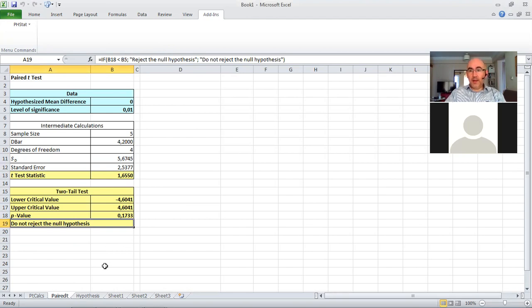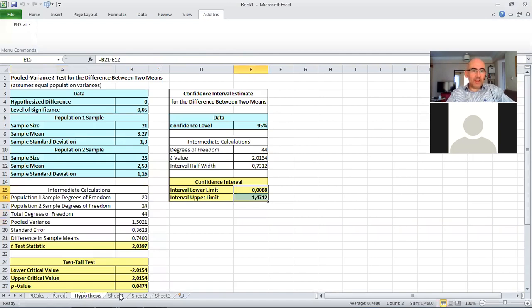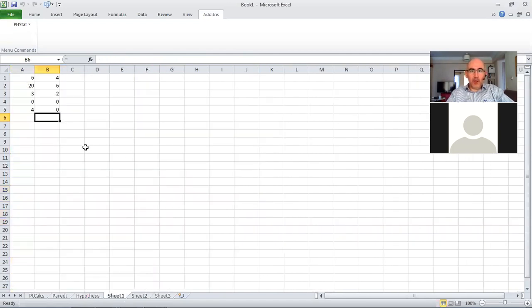So the number of complaints before the training and after the training are the same, and we don't have enough reason to reject this null hypothesis. And the p-value is given here, again using the T.DIST.2T function. So that is how we can use PHStat for a paired sample t-test.